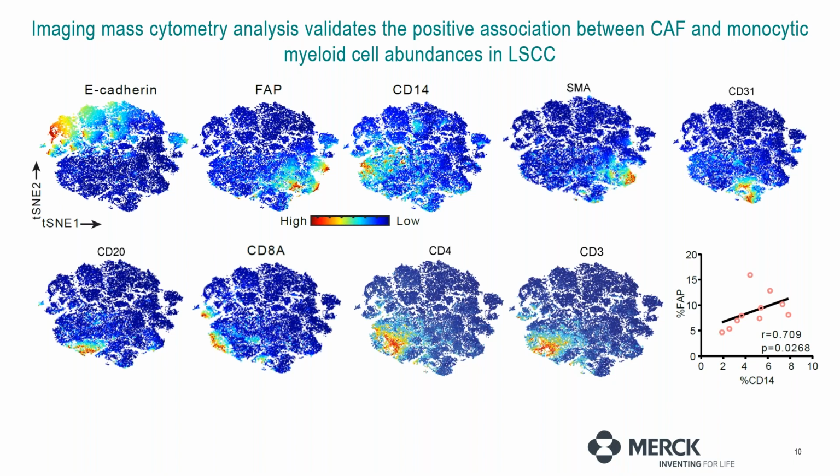By leveraging HistoCat, there are other questions we can ask, one of which is whether these two cell types, CAFs and monocytic myeloid cells, can meet up with each other in the TME. In other words, whether they are neighbors, so that CAFs can further influence the phenotypes of tumor infiltrating monocytic myeloid cells.